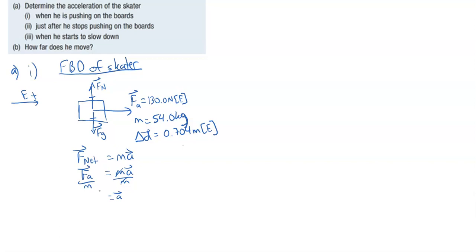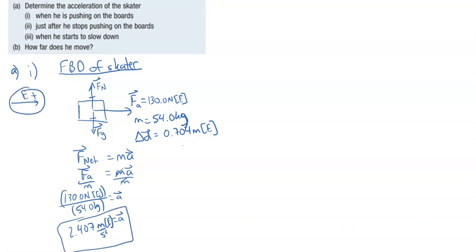So the acceleration is 130 newtons east divided by 54 kilograms, and that gives us an acceleration of 2.407 meters per second squared in the eastward direction, or the positive direction. Because we've indicated this positive direction here, if you just let it be positive, you'd know it was east. So we would conclude with a therefore statement and move on to the next part.